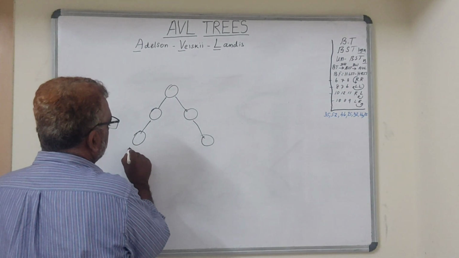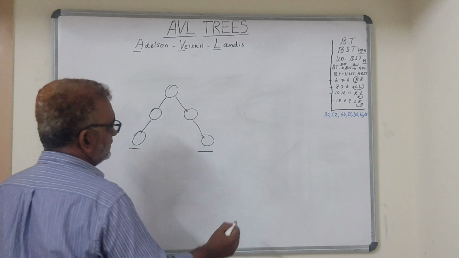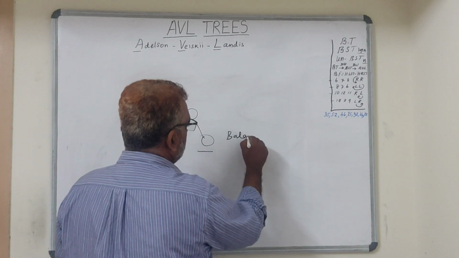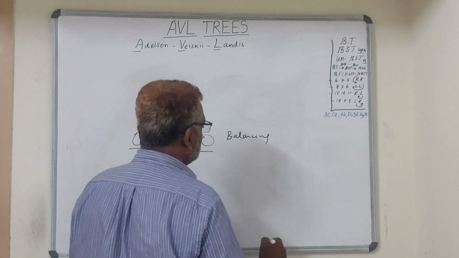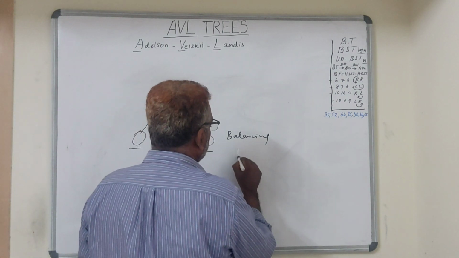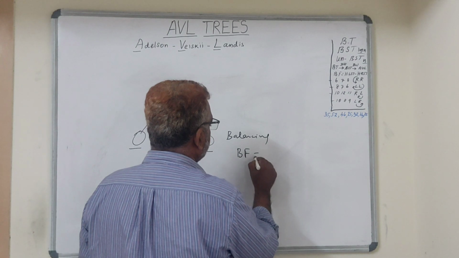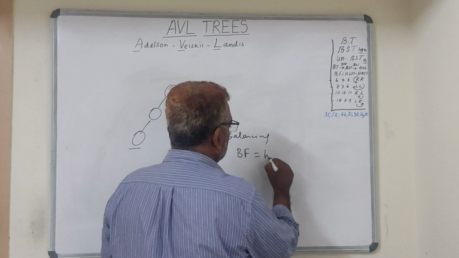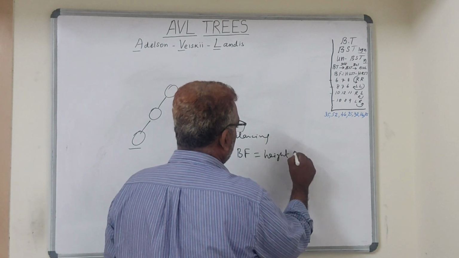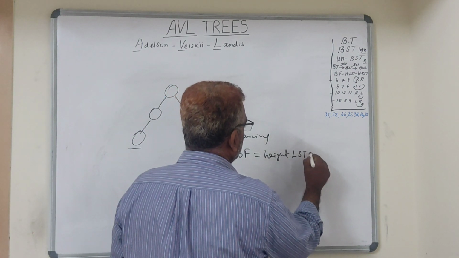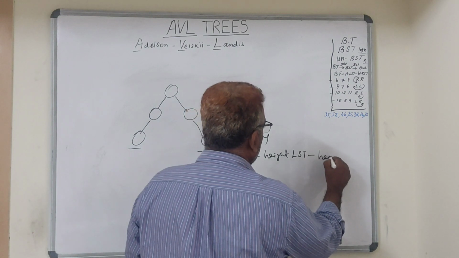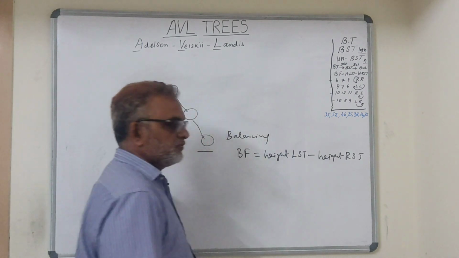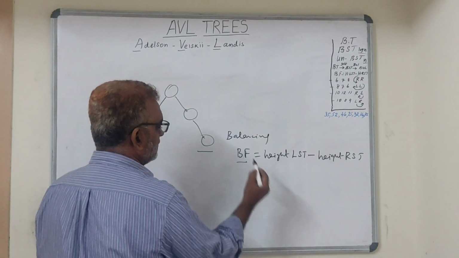We have to find out whether this tree is balanced or not. The balancing can be found out by calculating a value called the balance factor. This balance factor is nothing but the height of the left subtree minus the height of the right subtree.